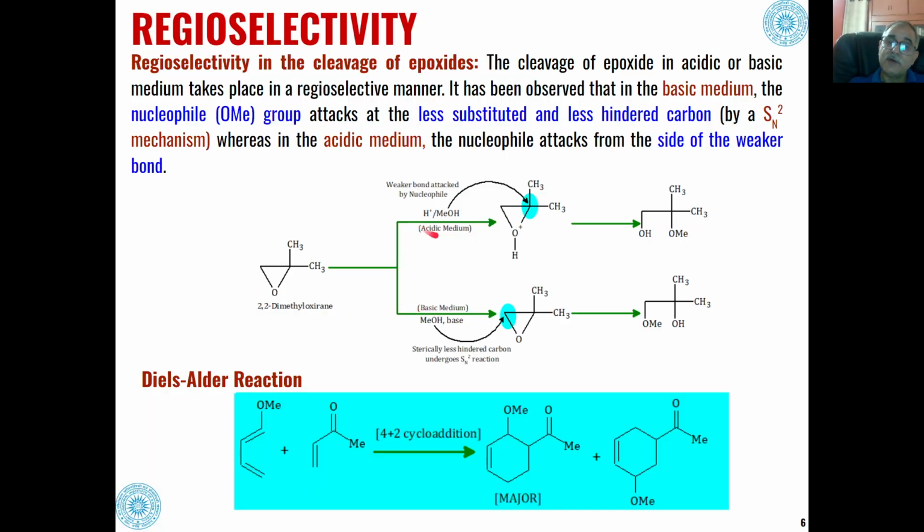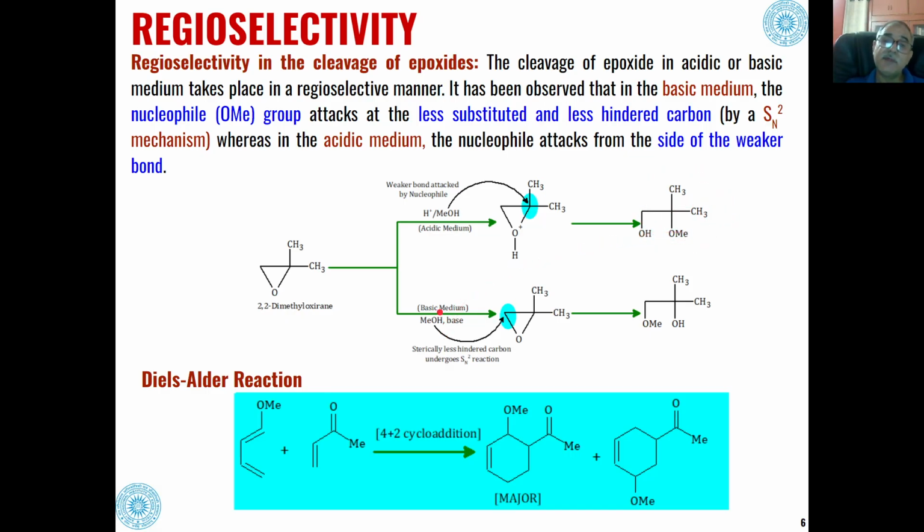For example, when the reaction is under acidic condition in presence of methanol in acidic medium, then the attack will take place at a weaker bond which will be attacked by the nucleophile. And the nucleophile here is our solvent, that is methanol, and attack will be taking place at the more hindered side of the molecule and we will get this as the product.